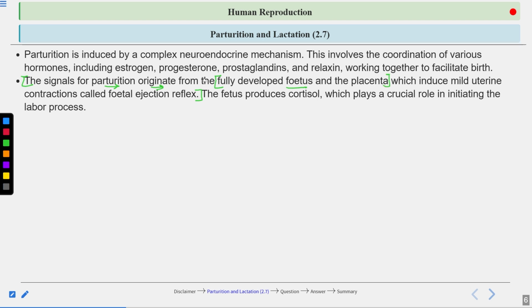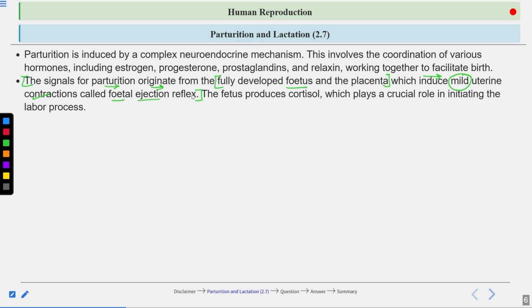These signals induce mild contractions, so initially mild contractions occur in the uterus. These are mild uterine contractions in the myometrium, and this is known as the fetal ejection reflex.